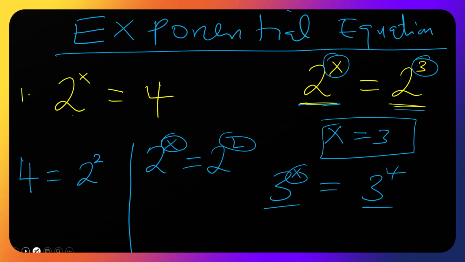Now, let's observe the following. You can pause the video and give them a try. So let's look at this. 3 to the power of x equals 27. Now, at times, we get the multiples of the smaller number on the other side. For instance, 3 times 3 times 3, 3 times 3 is 9, times 3, 27.